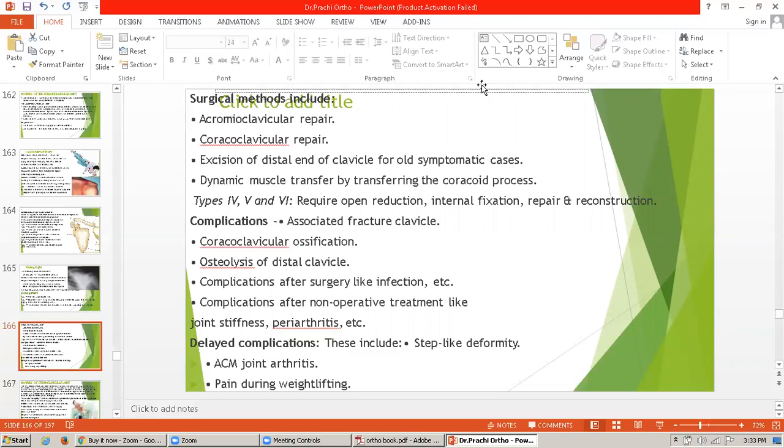Types 4, 5, 6 require open reduction, internal fixation, repair and reconstruction.